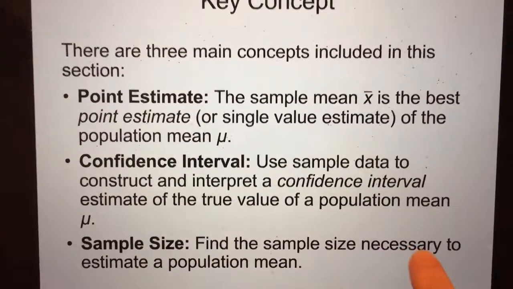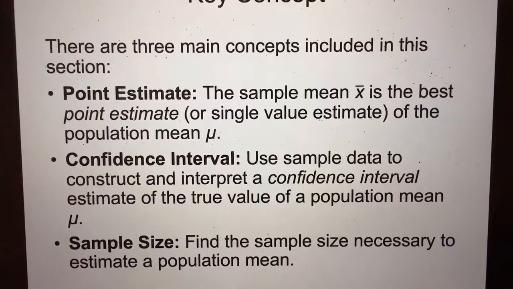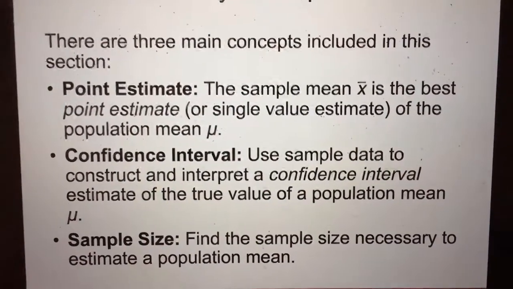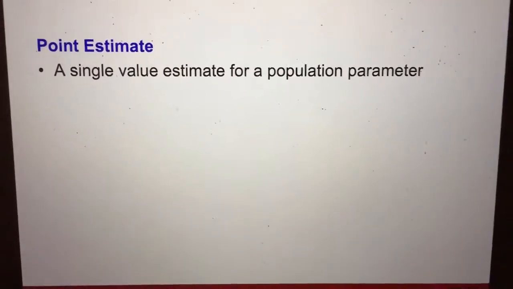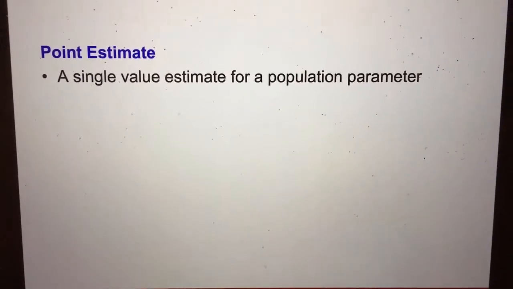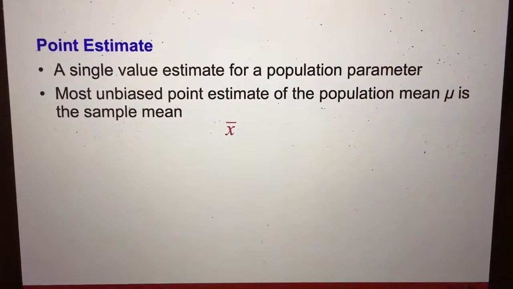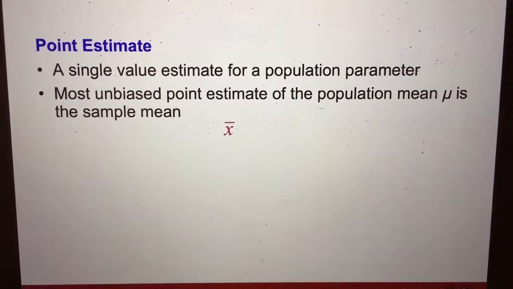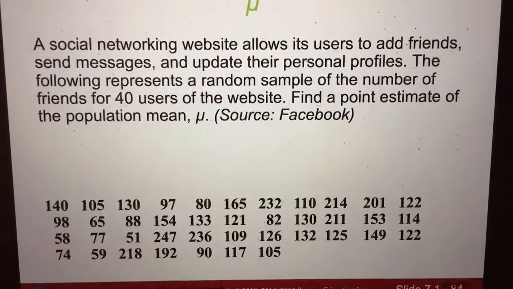And then how to find the necessary sample size for the population mean, to be able to estimate the population mean. So now a point estimate is a single value estimate for a population parameter. The most unbiased point estimate for the population mean is the sample mean, x bar.